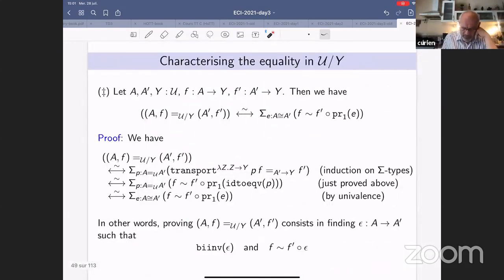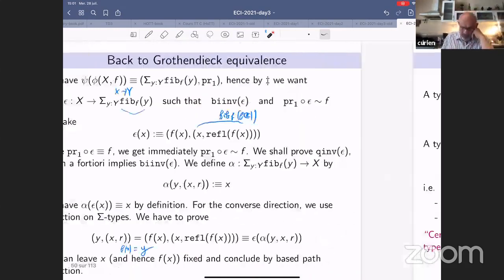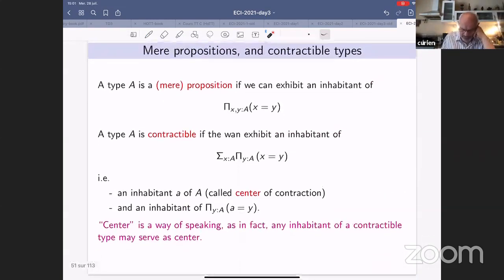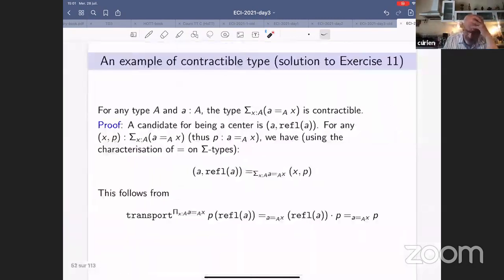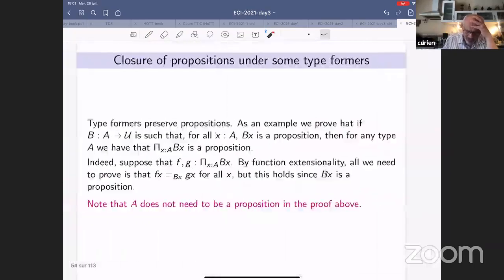Okay, so let's move on and continue the discussion that I started at the end of last lecture. I started to discuss the notion of proposition and the notion of contractible type. And I might also have discussed the notion of set, but I'm not sure.